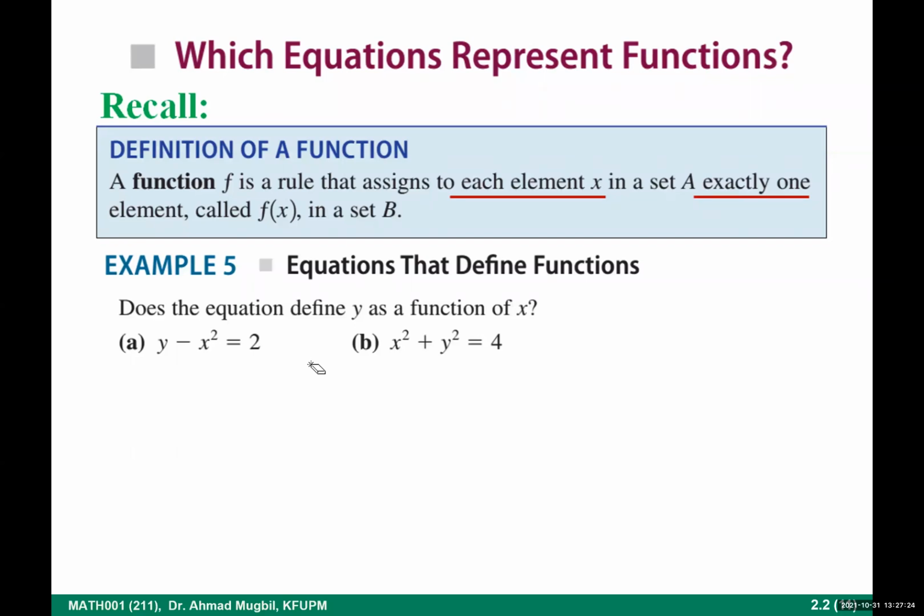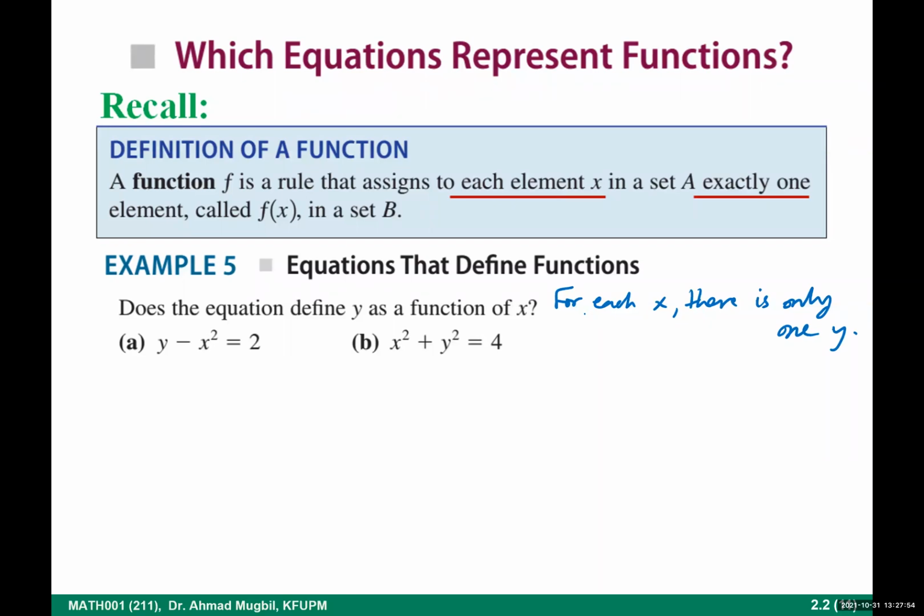How to disprove, how to show that it is not a function? Let me write here the definition of the function: for each x, there is only one y. This is how to prove. How to disprove?